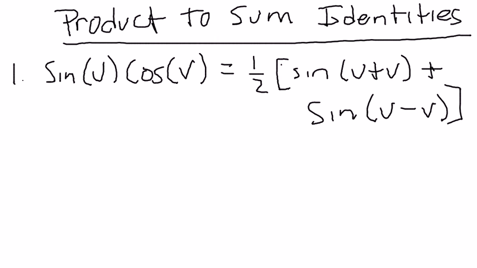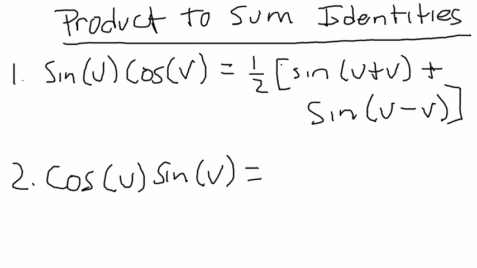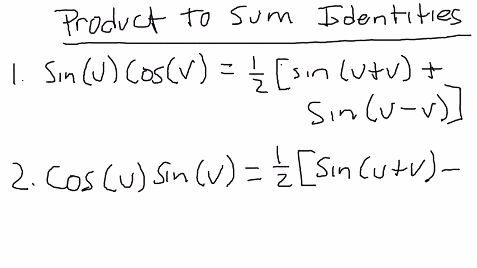If I have the cosine of u times the sine of v, I can rewrite that as 1/2 times the sine of u plus v minus the sine of u minus v.